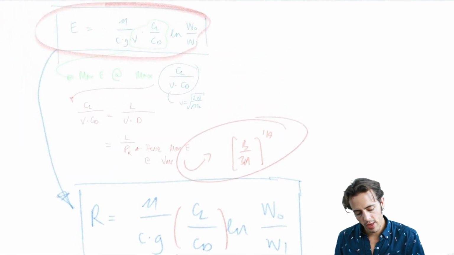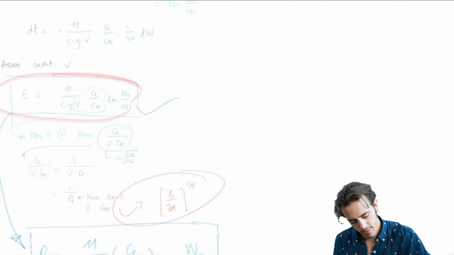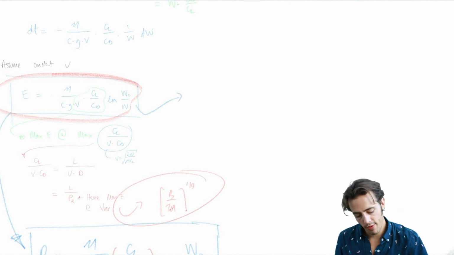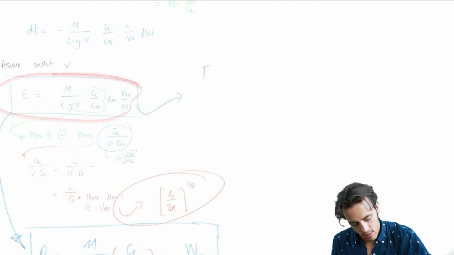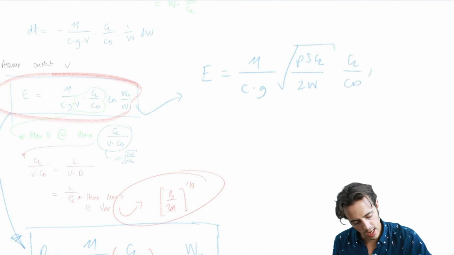We can show something else here with the endurance. If we substitute the aircraft speed equation in here, you can see endurance is equal to eta divided by C, G, and then I'm going to have to do 1 over the aircraft speed equation, so that's going to be rho S CL on 2W, CL on CD here.